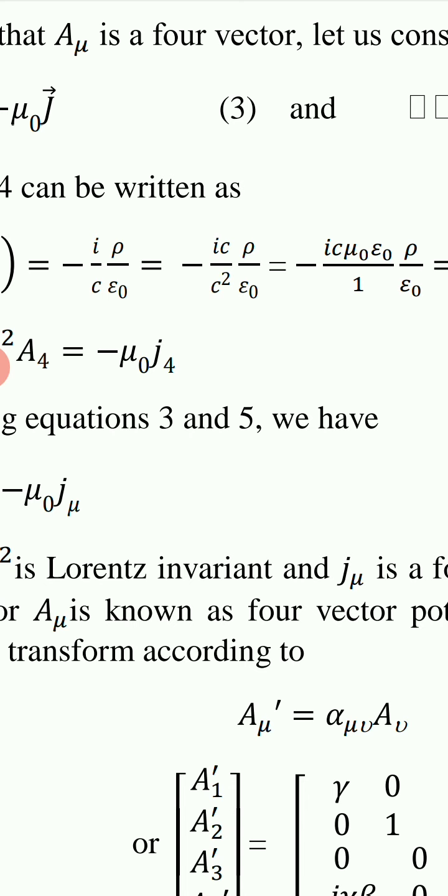C is the speed of light, so that in denominator we have C square, and value of C square is equal to 1 upon mu 0 epsilon 0.